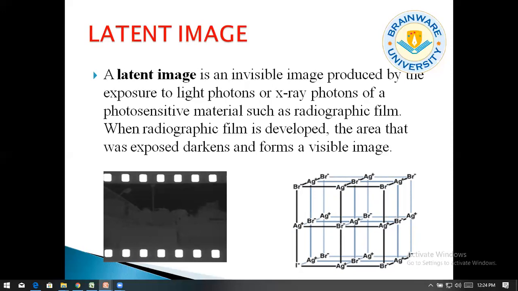A latent image is nothing but an invisible image which is produced when light photons or X-ray photons interact with the emulsion layer. The emulsion layer is later developed by various chemical components to produce a visible image.